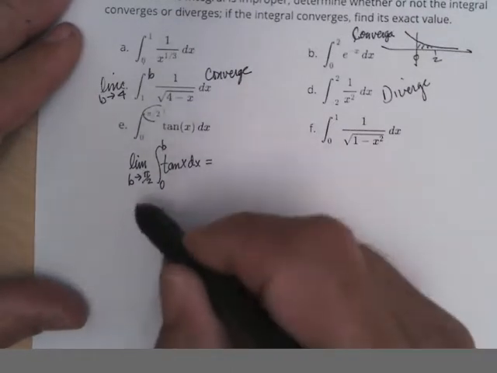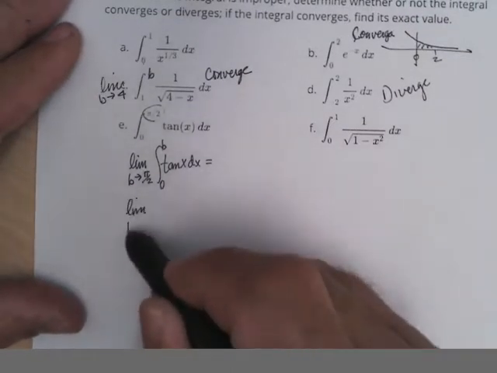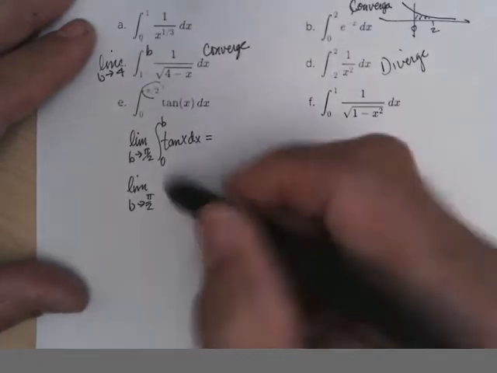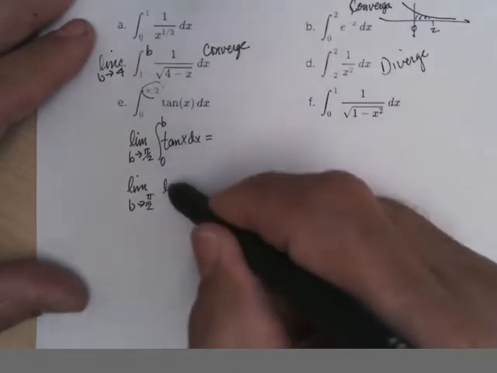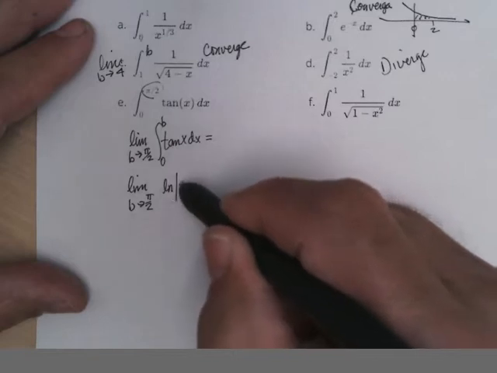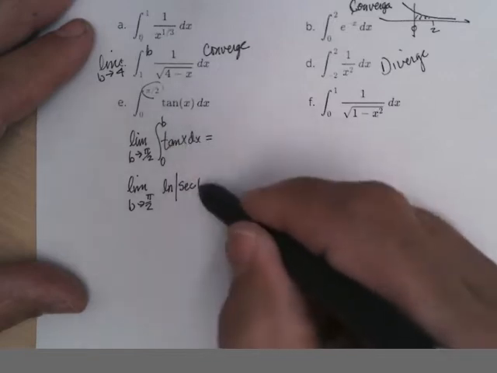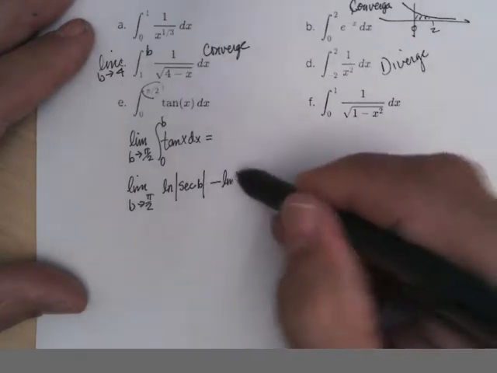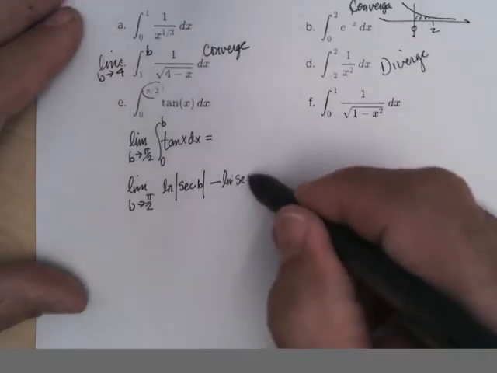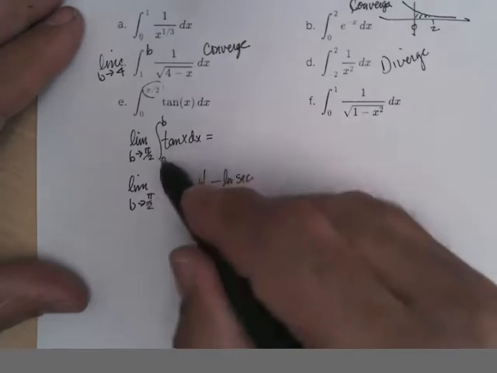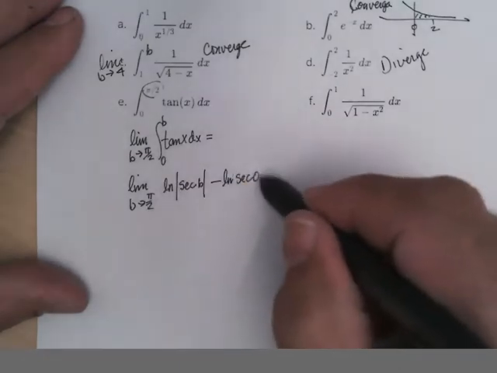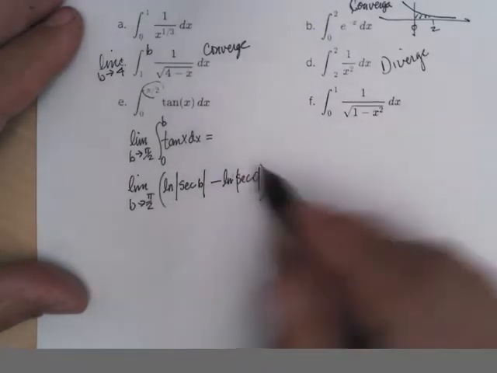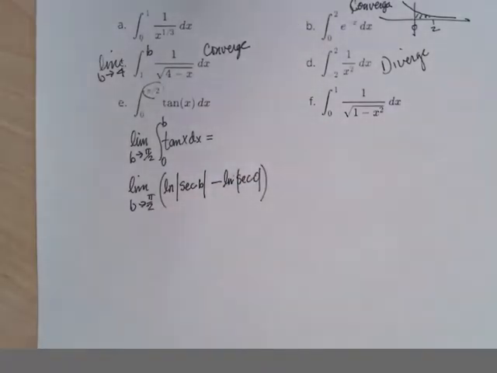So this would become the limit as b approaches pi over 2 of the natural log of the secant of b minus the natural log of the secant of 0, and then we're going to find the limit as b goes to pi over 2.